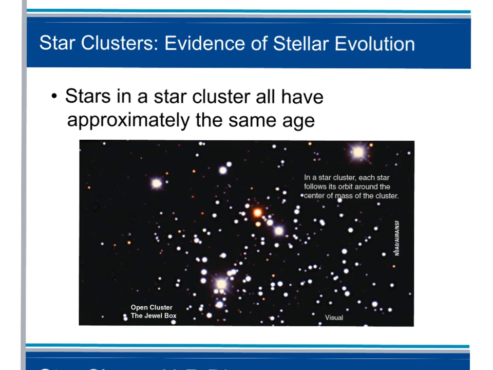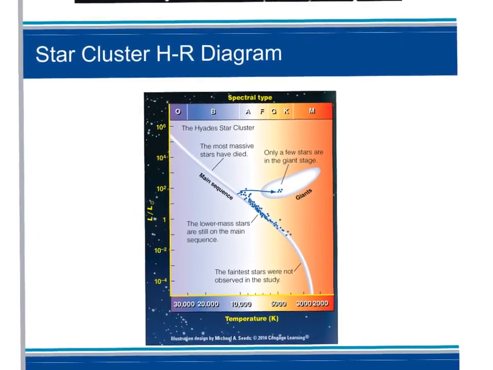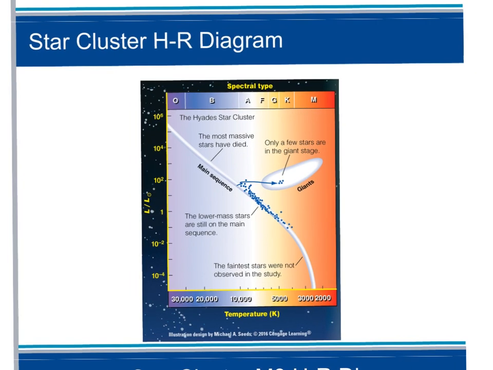And again, you can gauge that by measuring how far away they are. They're light years away. So when they're all really close in distance from the Earth, you can pretty much guess that they all formed at the same time. So when you put that cluster on a Hertzsprung-Russell diagram, they still stay as a cluster, but now instead of looking at the entire diagram, you're only looking at what's happening to the cluster that you're interested in.